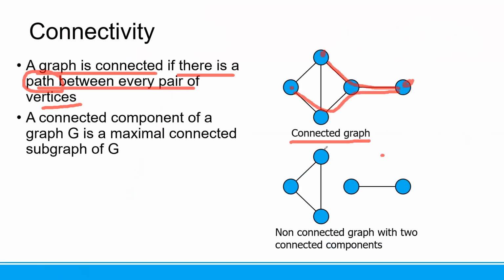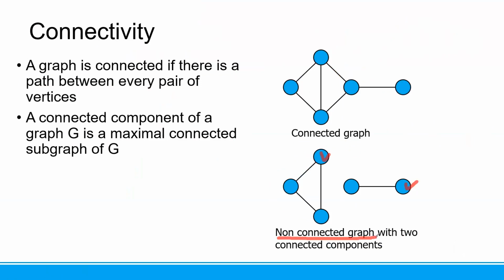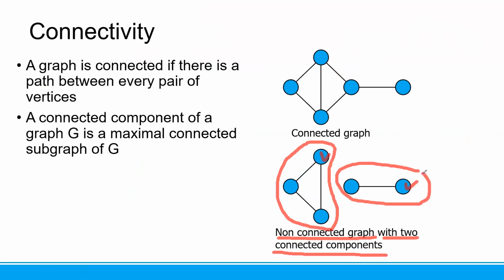So this one is a non-connected graph because you cannot go from this node to this node. And we call this a non-connected graph with two connected components because we have one connected component and we have two.